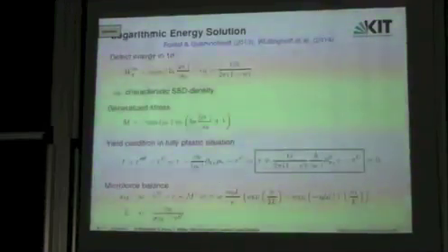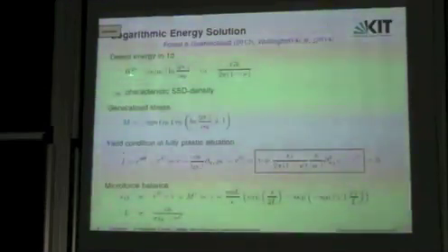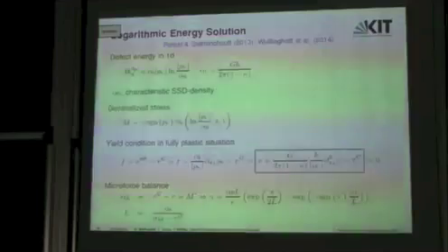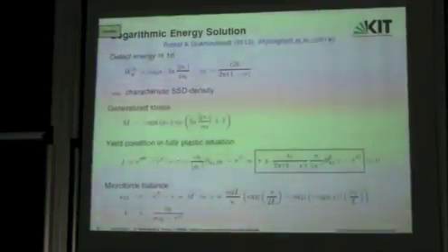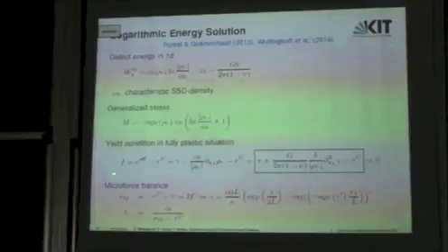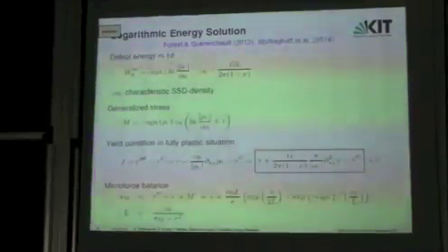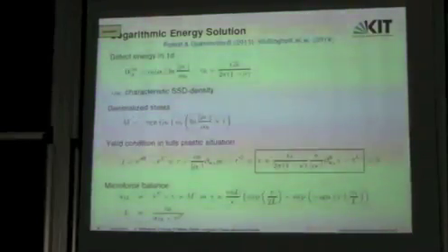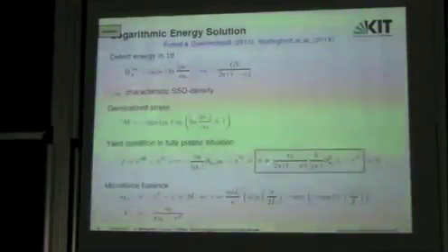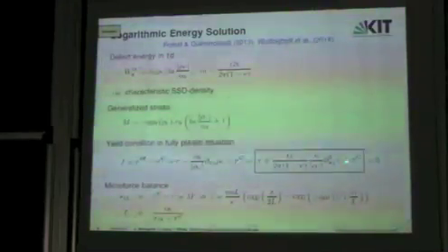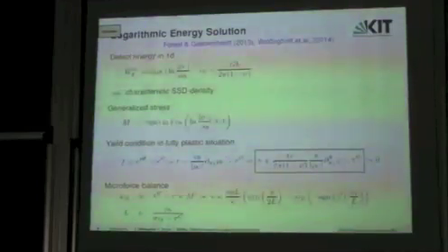Now let's turn to the logarithmic energy in the 1D case given by this expression here. Then you can compute the generalized stress simply by derivation. And now the whole thing gets interesting if you look at the yield condition F, which is again assumed to be fulfilled everywhere in the soft phase. So this is equal to 0. Now look at the plastic driving force. Plastic driving force is given by the resolved shear stress plus a back stress.